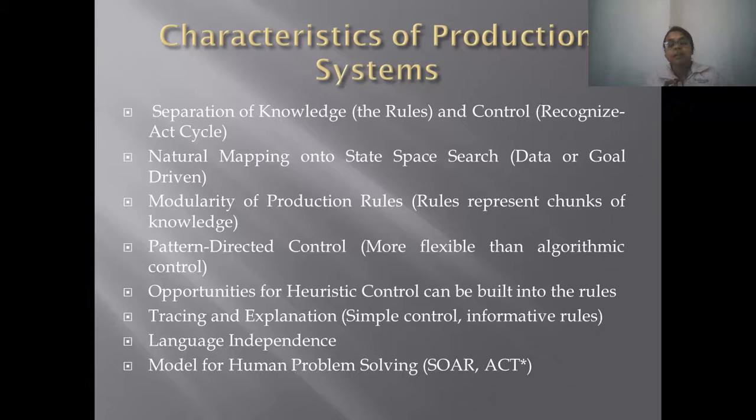And the next characteristic is the opportunities for heuristic control can be built into the rules, and then tracking the explanation, that is simple control or heuristic rules. Then language independent. It should be independent of the language. Then the model for human problem solving, that is SOAR and ACT. Okay, so these are some characteristics of production systems.